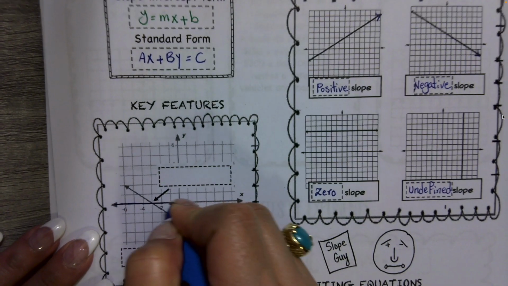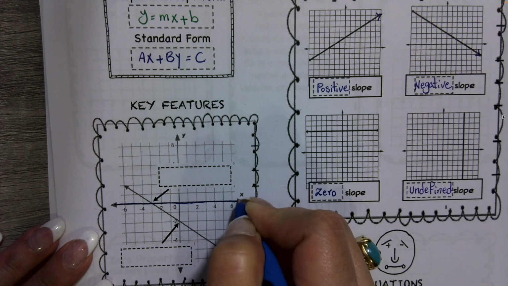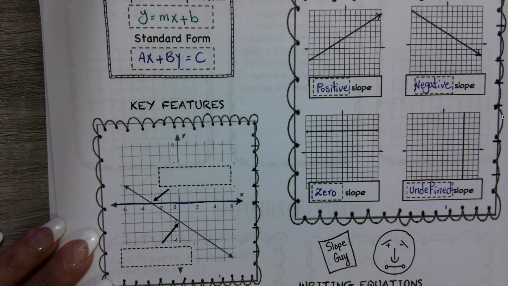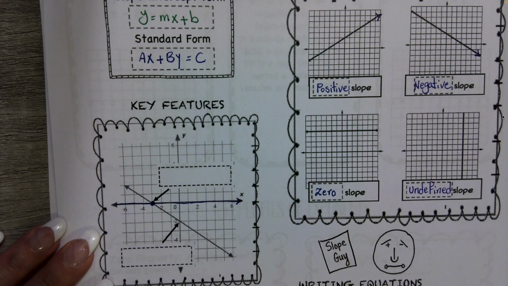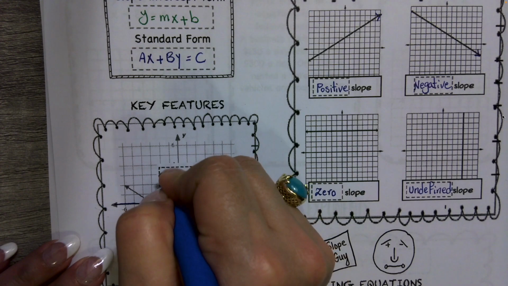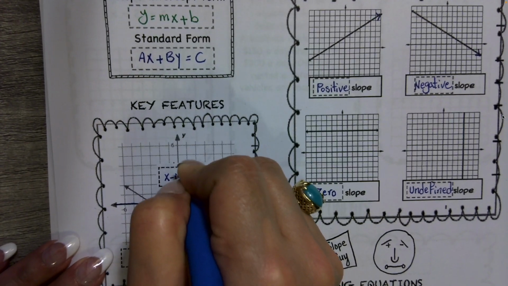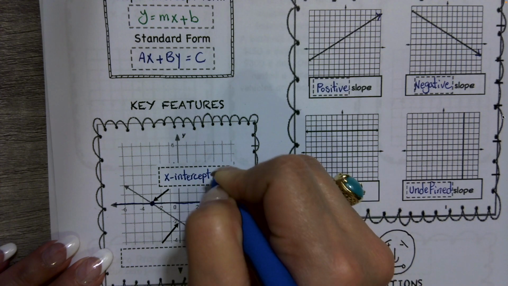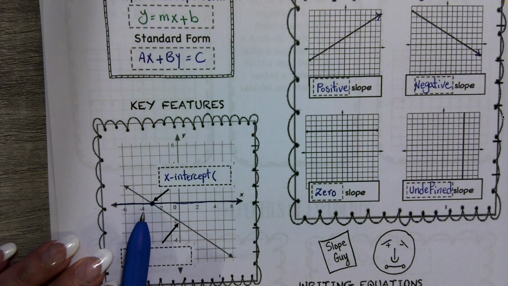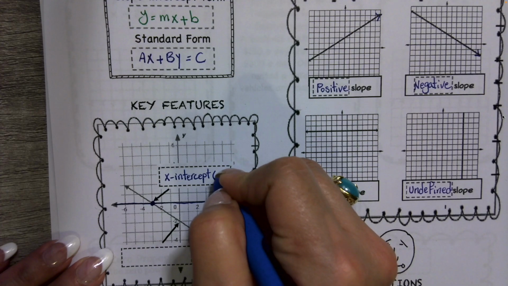So there you go. That's your x-axis, and that's your graph. The point where these two lines intersect is your x-intercept, and the coordinate for it is -3 and 0.